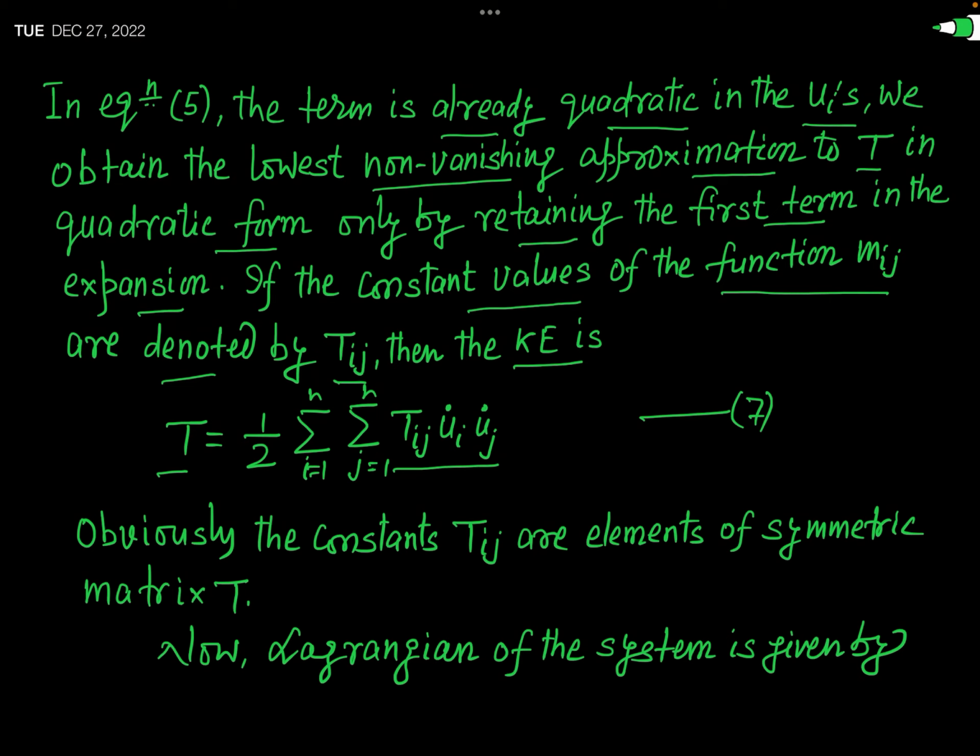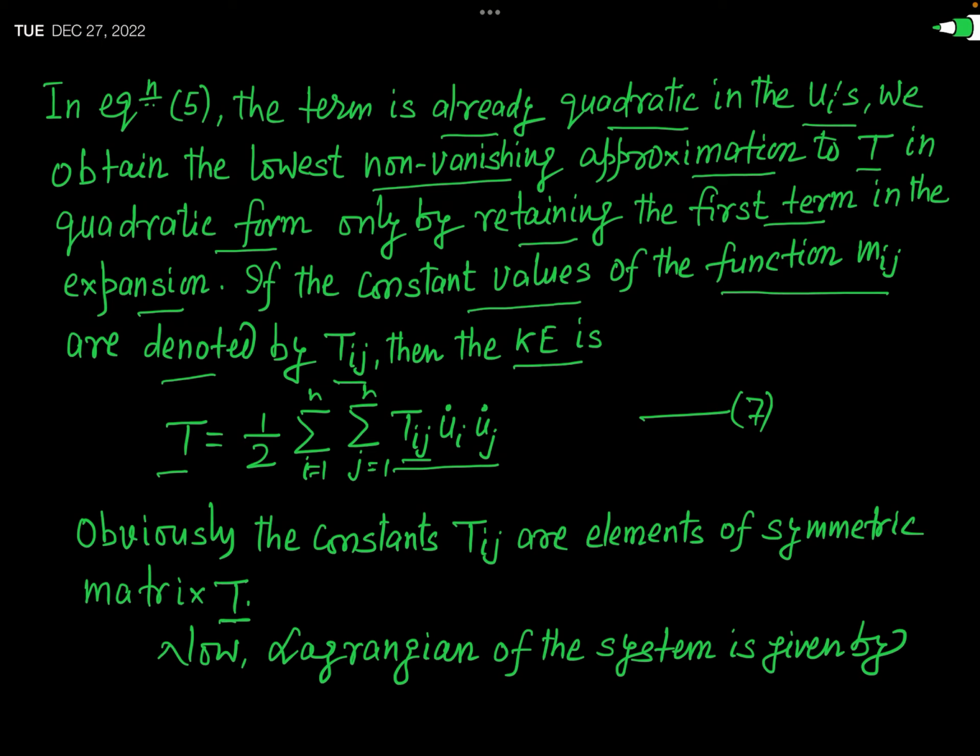And just like Vij, this Tij also forms the elements of the symmetric matrix T. We will see these matrices when we study the eigenvalue problem in this oscillation.